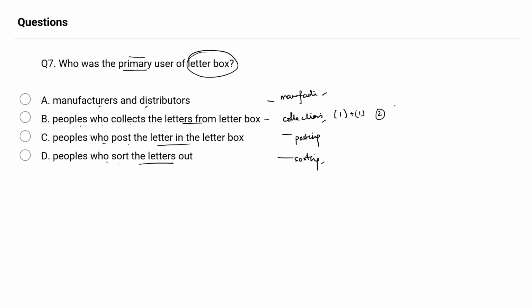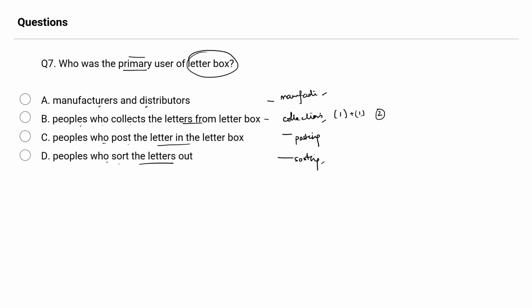Sir, why do you think it should be B? Because the post people who are collecting and distributing, they are the primary users actually. They are the more frequent, day to day users. Every day they have to collect this. So they are more frequent compared to me and you or other people who will seldom post.